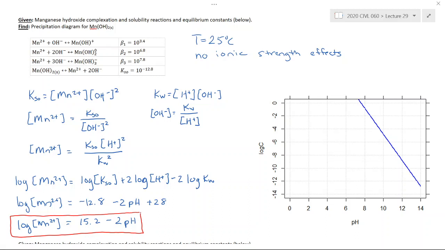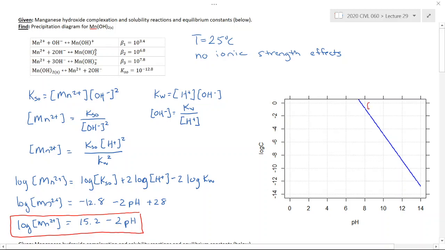And so we can plot this, and what this line represents is the place where manganese, free manganese ion, is in equilibrium with manganese hydroxide solid. So that is the line that represents equilibrium. I've shown it over here on the right, and so I can label this.